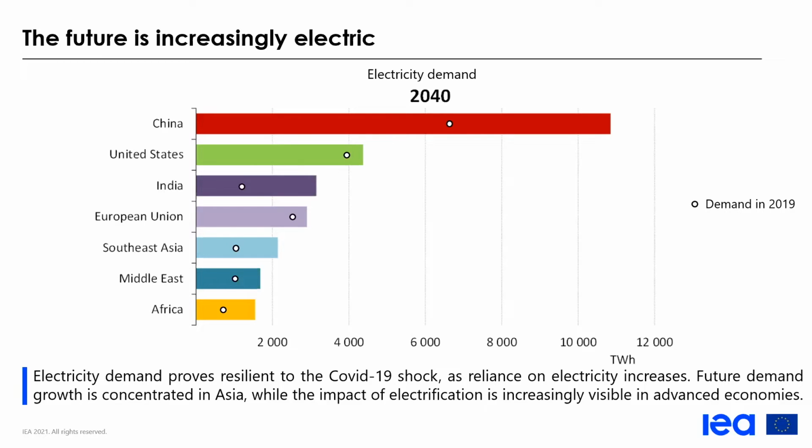And when we try to think of the sources of demand growth, we see that the face of demand for electricity is changing. Of course, we will have some traditional sources of demand, like electric motors in industry, or household appliances.